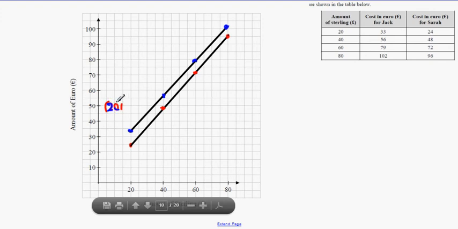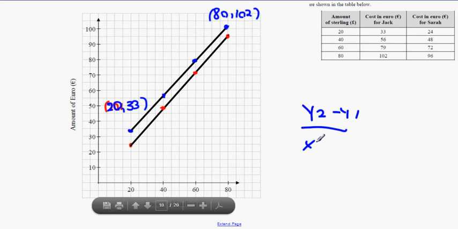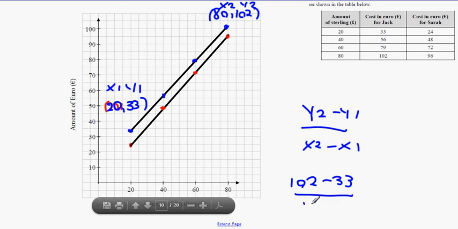We'll use the first and last points, (20, 33) and (80, 102), with the slope formula: y2 minus y1 over x2 minus x1. So 102 minus 33, because this is x2, y2 and this one's x1, y1, all divided by 80 minus 20.